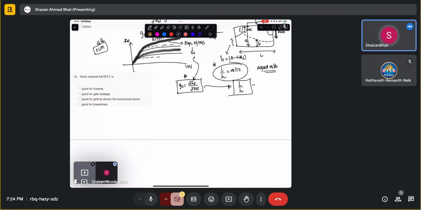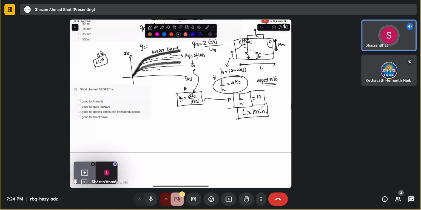And for a typical case, it should be approximately 10. That means L should be approximately 10 times that of H. This particular dimension should be 10 times that of this particular dimension. Why? Because you don't want the channel length modulation or the output resistance to come into the picture.